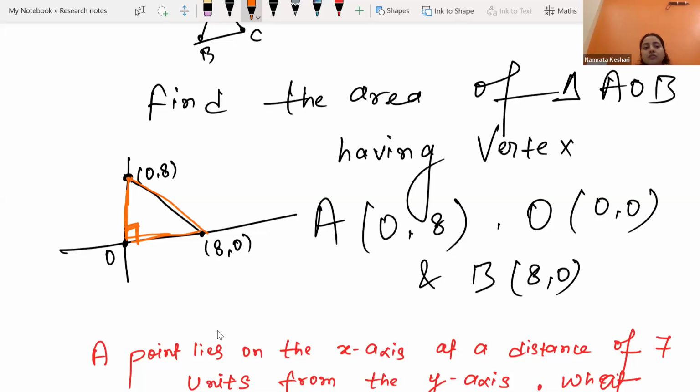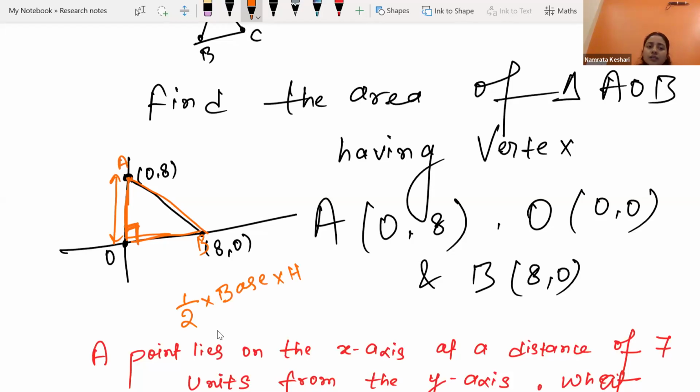So basically, you don't have to use Heron's formula. However, that will also work. But 1/2 into base into height will work, because we have the height, meaning the altitude. The height over here is this distance, AO.